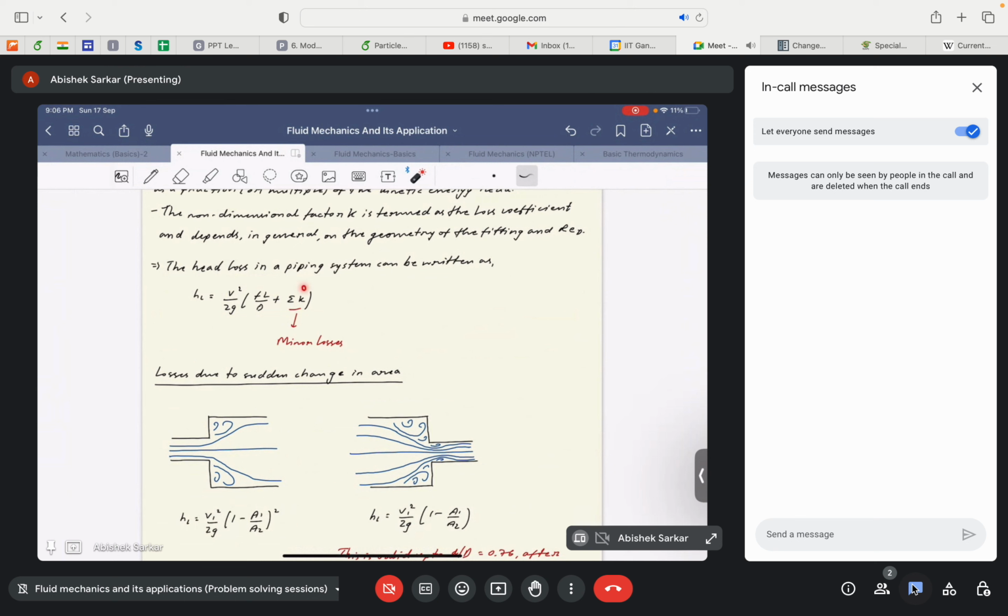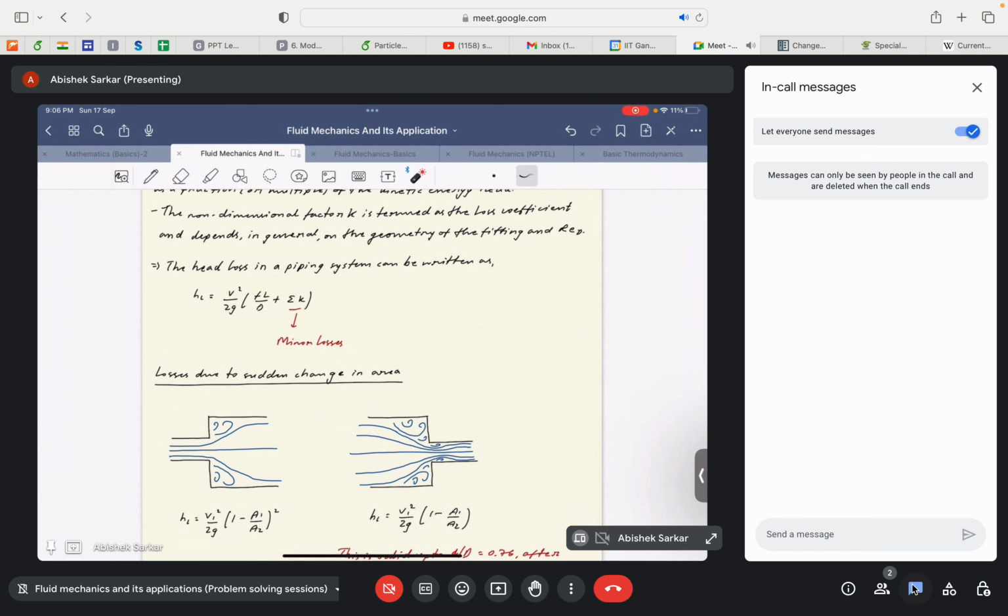But these coefficients are certain constant values, say 1, 2, 3, which represent some fraction or multiple of the kinetic energy head, right? It cannot be an exact value, but it helps us give an approximate value of the losses incurred because of this sudden expansion or contraction in the pipes.